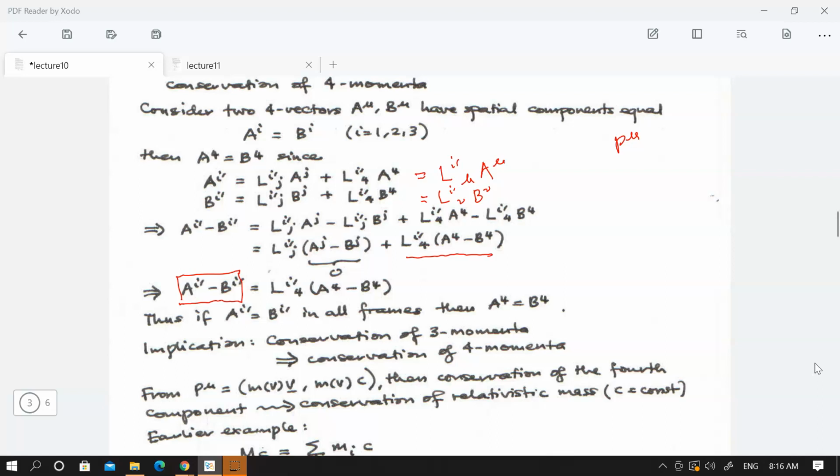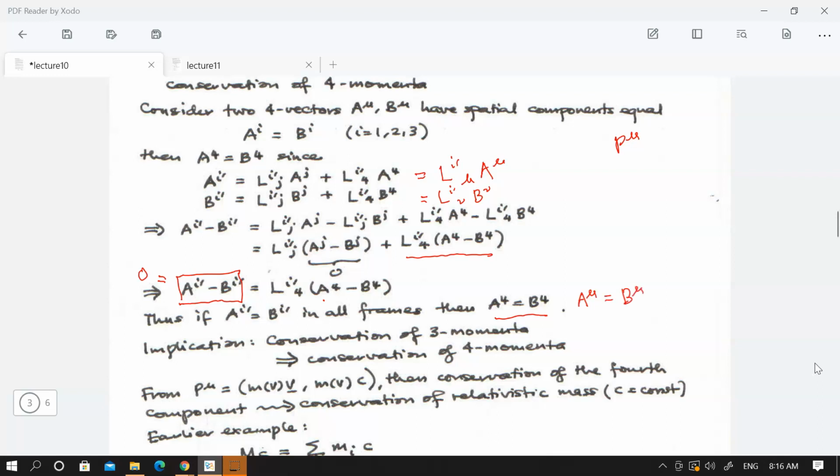Then you'll find that this has to be equal to that. And by imposition that this has to be equal to 0 if these are equal in all frames, that will imply your A4 minus B4 has to be equal to 0. Or in other words, A4 must be equal to B4, or in general, A mu equals B mu.